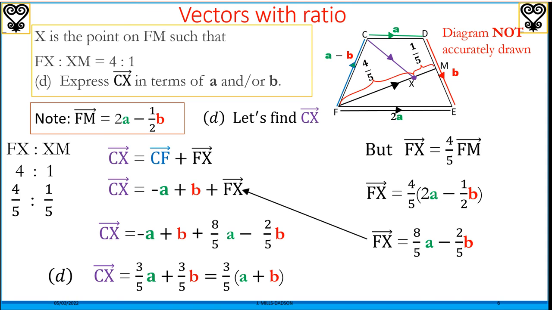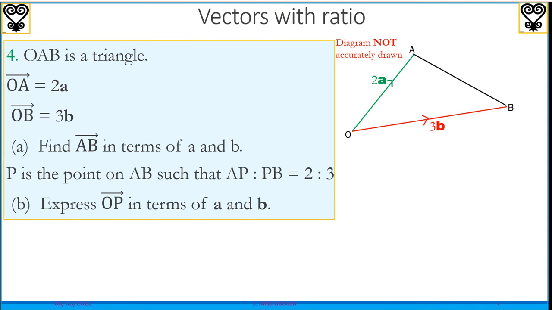Now let's look at one final question. The same way, check your vector OA, arrows direction given. You need to mark it if it's not. OB, 3B is also direction. If it's not, you have to mark it with the arrow.